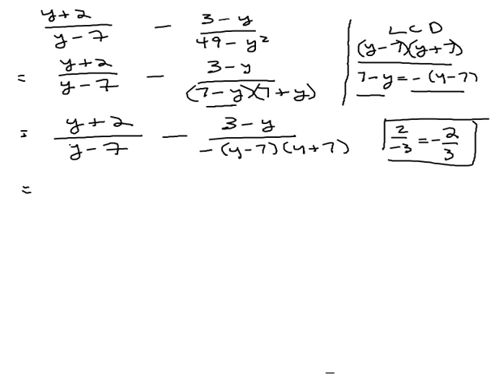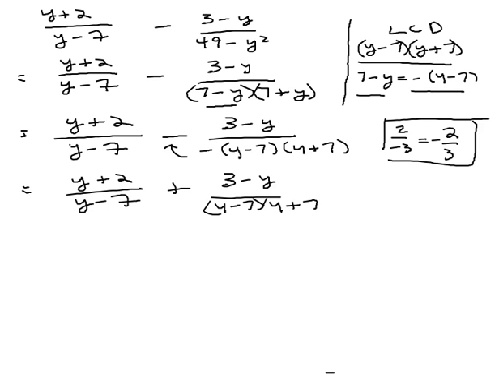So we're going to move that negative up and change this to a sum. We're going to say this is (y + 2)/(y - 7) plus (3 - y)/((y - 7)(y + 7)).